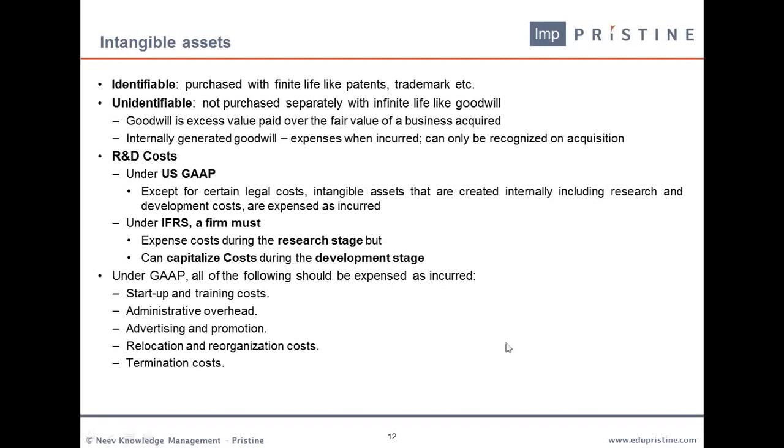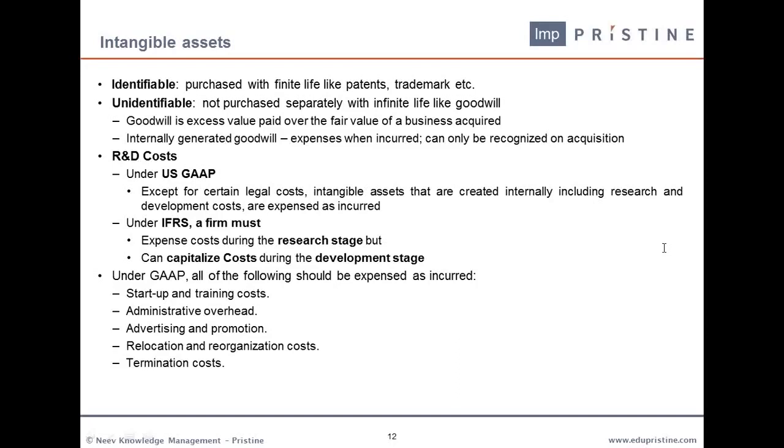The terms are just confusing. It's not really a thing to bother about. You just have to remember that goodwill is the excess value paid over the fair value when you acquire a business, and that is an unidentifiable intangible asset, and it doesn't get amortized. This is a point that you have to note. When you have intangible assets, you amortize them.